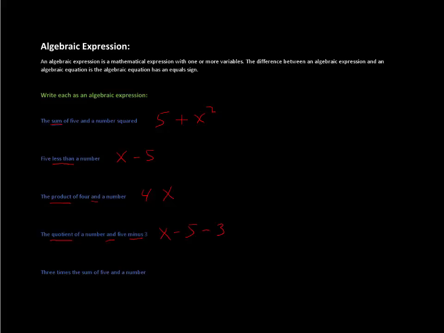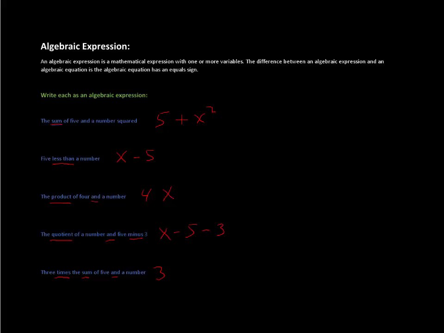And the next one, we have 3 times the sum of 5 and a number. So this time, times we know means multiply. So we have 3 times. Sum we know means add. So wherever the and is, we're going to put a plus sign.